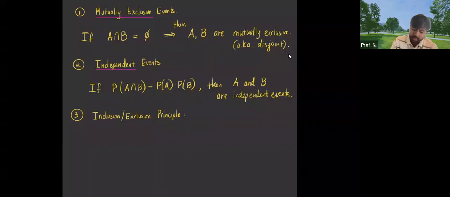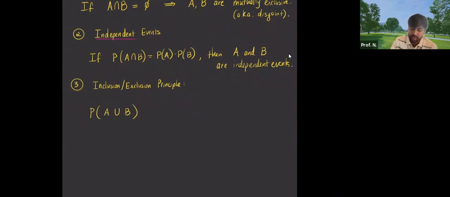Okay, and then the inclusion principle includes the fact that if we want to find the probability of A or B happening, I just want to stress that this here is a union of sets, what's called an inclusive OR. It's like saying A or B or both.